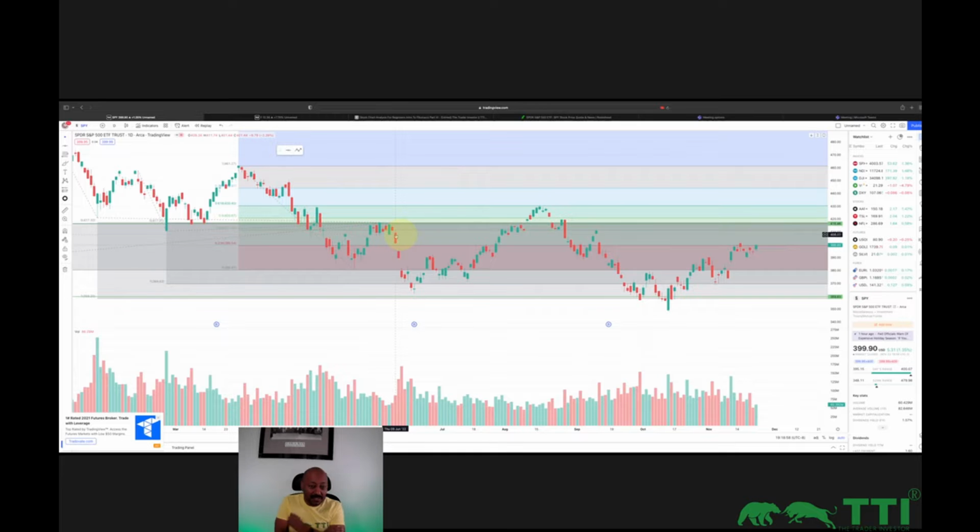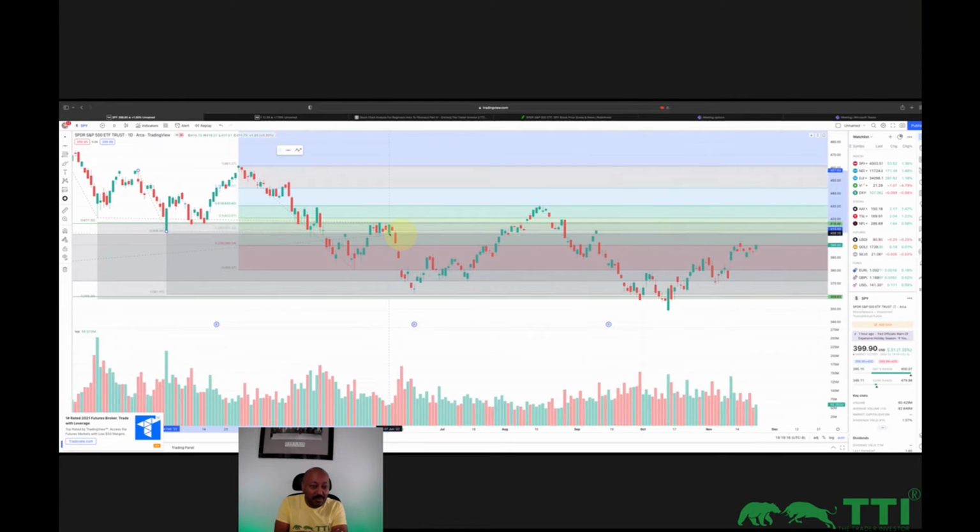Right here. Because this is daily. On the hourly, you would see that consolidation. If you put a vertical line to know where that date is and we switch to the 1 hour chart, we'll be able to have a better view of that entry.